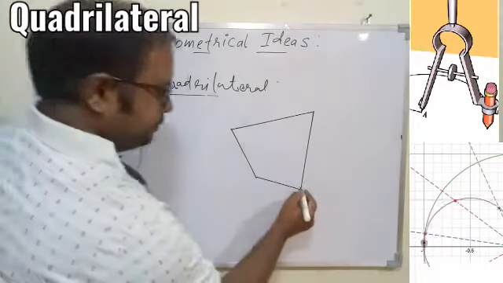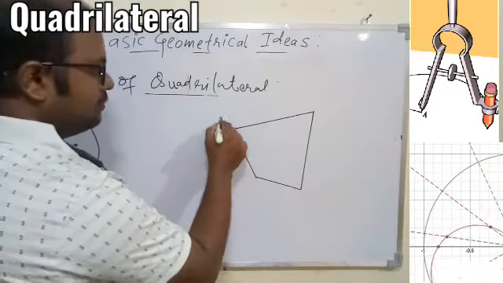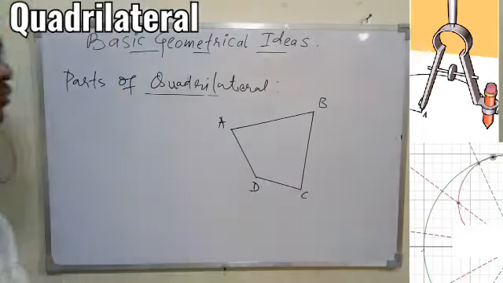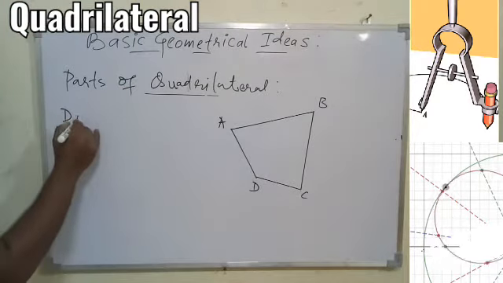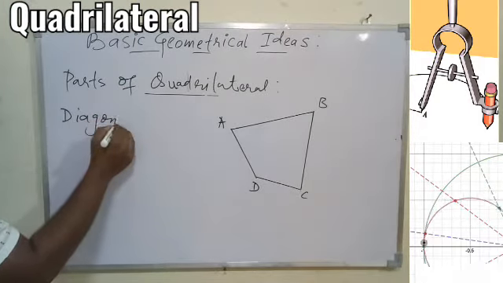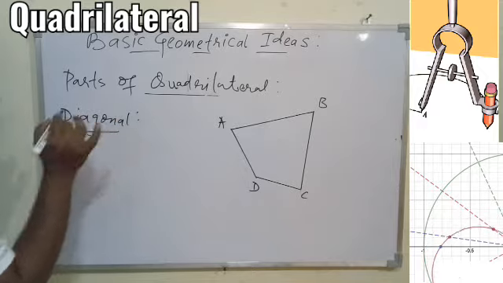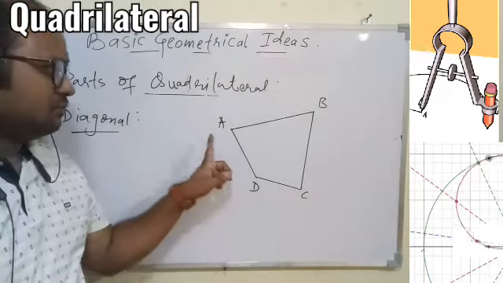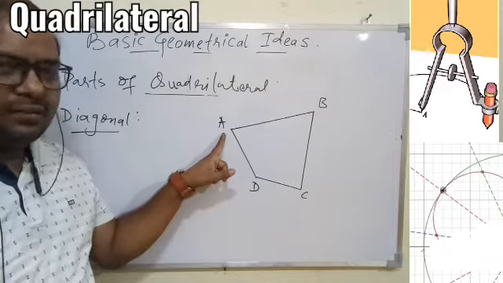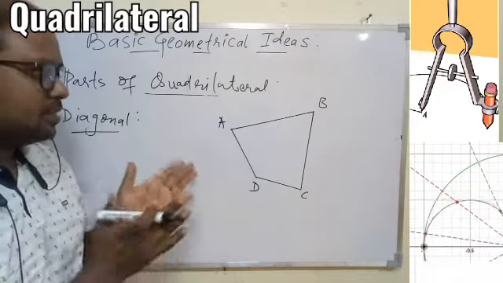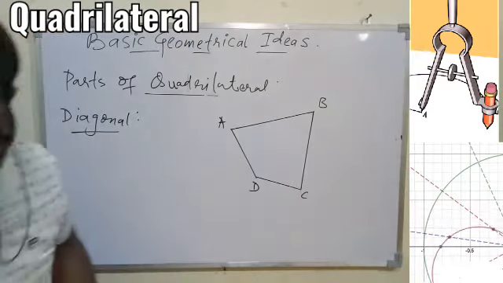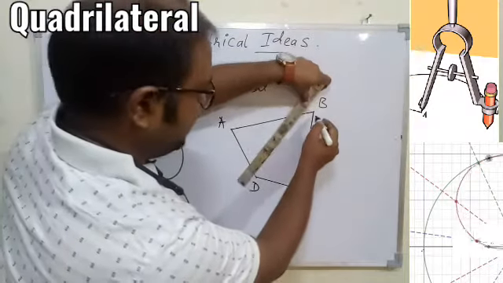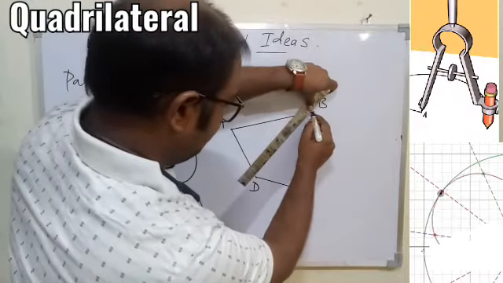Okay, so we had A, B, C and D. The next term we have is called diagonal. If a line segment is connected to opposite vertices, so if I say here, your B and D can be connected.